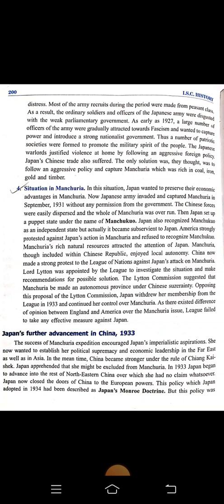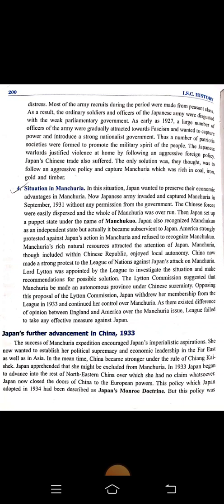China made a strong protest to the League of Nations against Japan's attack on Manchuria. Japan withdrew from the membership as it was being opposed. Japan withdrew from the League in 1933 and continued her control over Manchuria.